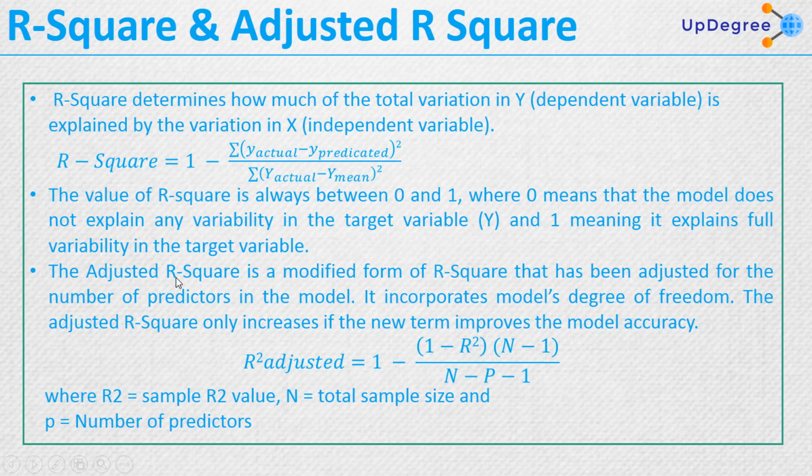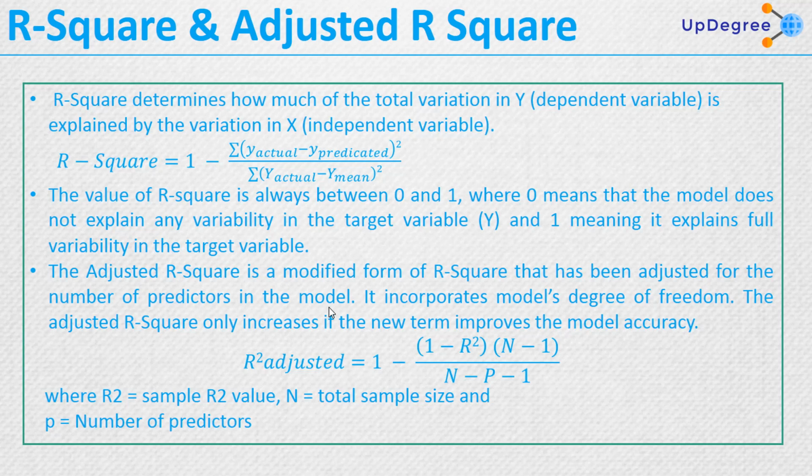The adjusted R square is a modified form of the R square that has been adjusted for the number of predictors in the model. Now you might be asking me, what is a predictor? According to the definition, a predictor variable is a variable that can be used to predict the value of another variable.